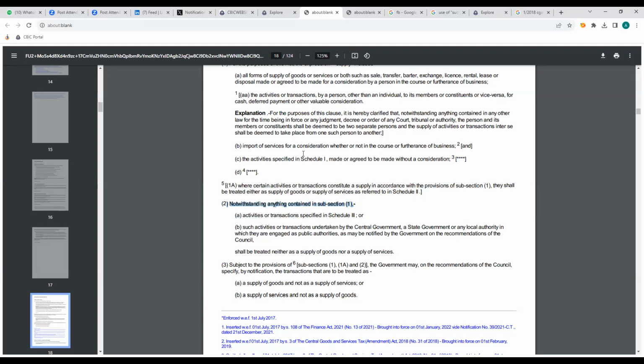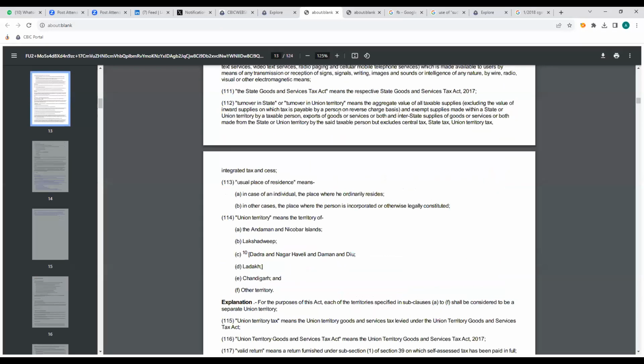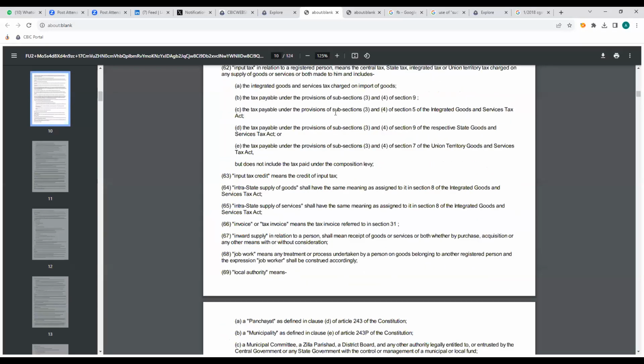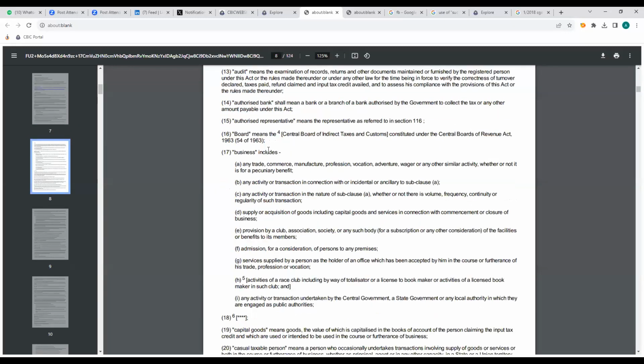Now, if we go through the definition of business given in section 2, there are transactions from A to I which have been given within the scope of business. And there is section 2 clause 17I, which says any activity or transaction undertaken by the central government, state government or any local authority in which they are engaged as public authorities. So this is the definition of business.